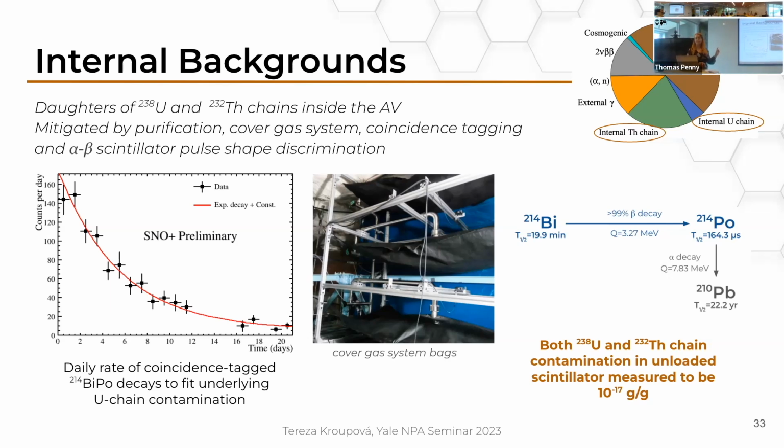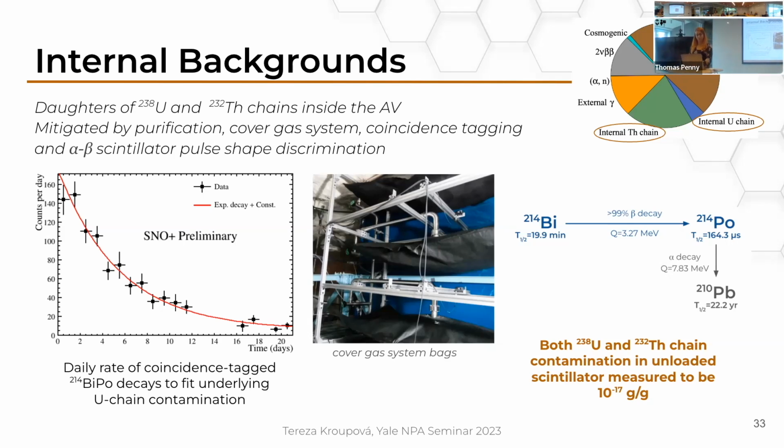There are coincidence decays where the daughter of the isotope that we would be worried about decays pretty fast, and therefore you can use coincidence tagging to remove that. And not only can you remove it, you can also measure it using this coincidence tagging. That is what is shown here, the measurement of the uranium chain using this tagged BiPo sample. And this is where we get the prediction from our scintillator to be 10 to the minus 17 grams per gram for both of these chains.